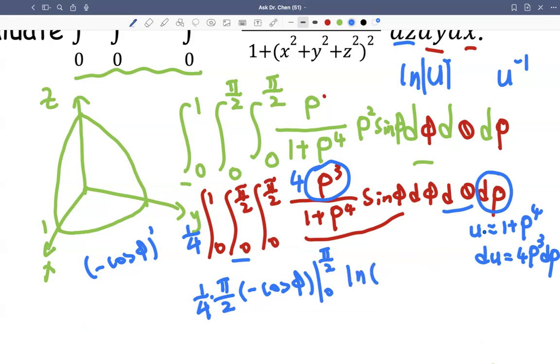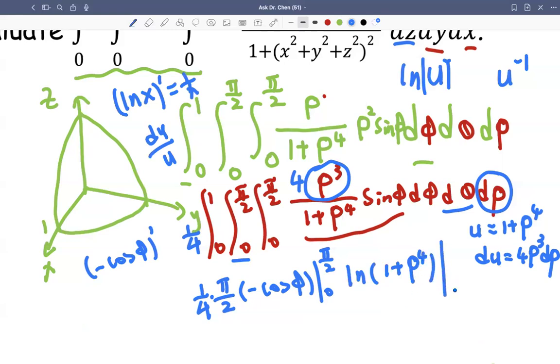Remember, if we take the derivative of ln x, that's just 1 over x. In this case, we get du over u, which is 1 over u du, and the integral is just ln u. Well, what's u? u is 1 plus rho to the fourth power. And in the rho direction, we want to evaluate from 0 to 1 also.